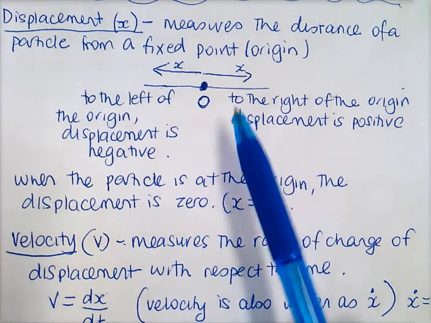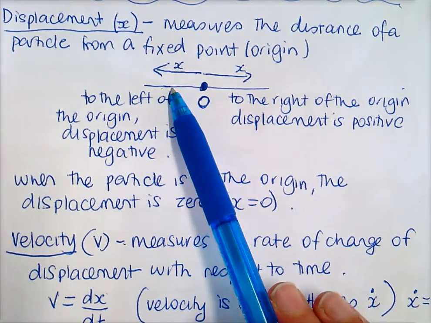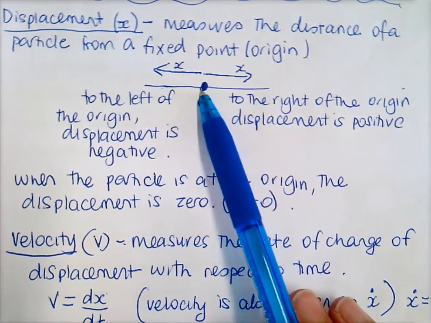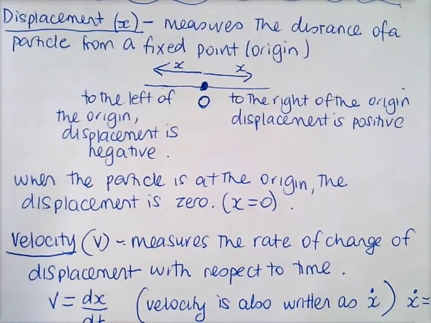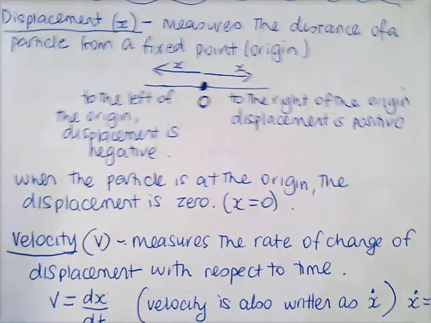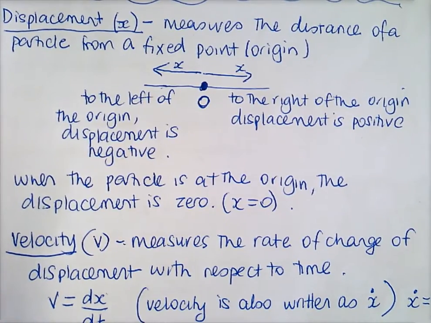If my displacement is -2, it means I'm left of the origin by 2 meters or whatever units. If my displacement's +5, I'm 5 meters to the right of the origin. You never have a negative distance travelled, but if I say my displacement's -5, it means I'm 5 units to the left of the origin.